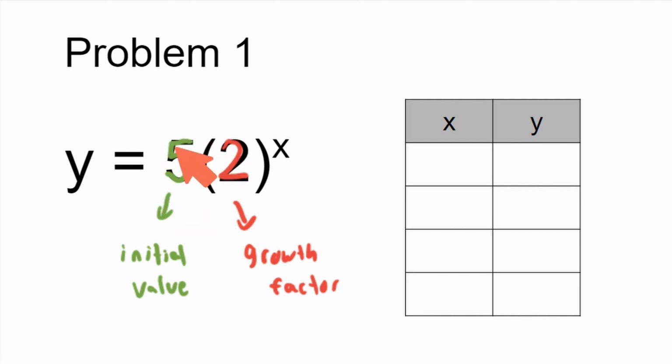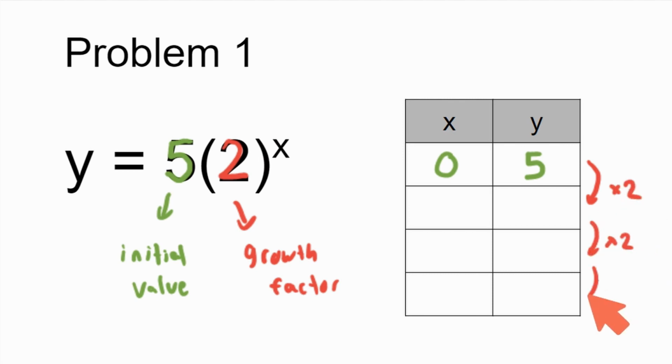Our initial value 5 tells us that when x equals 0, it has a starting point or initial amount of 5. The growth factor tells me as I move down the table, I'm going to be multiplying by 2. So if I move one row down to 1, if I double 5 times 2, we have the point 1, 10.